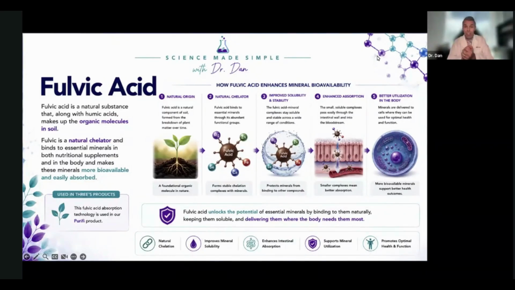You don't want it to hold on all the time, because even if it gets into the cell, if it's still holding on to that molecule, you don't get the increased absorption. So we use technologies, triggers, switches, that recognize when the pH and conditions inside the cell are different from outside, and they actually let go of the bioactive molecule so that it can then promote healthy absorption.